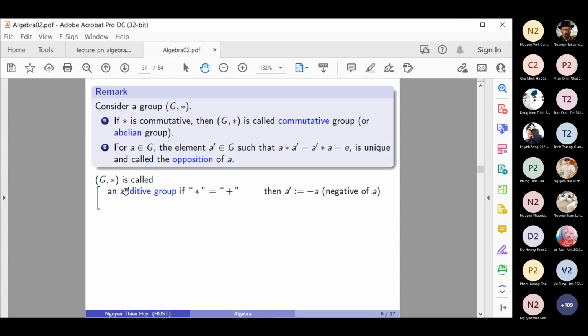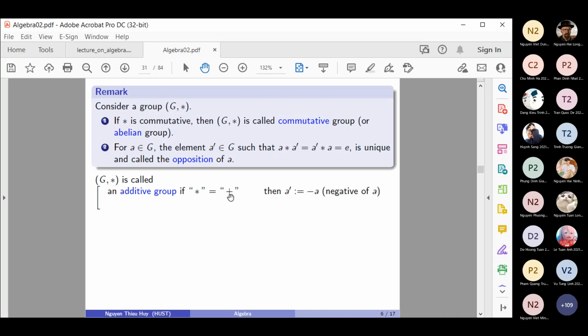Here, of course, we still suppose that (G, star) is a group. Then it is called an additive group if star is written as addition. So you should think of star written as addition.